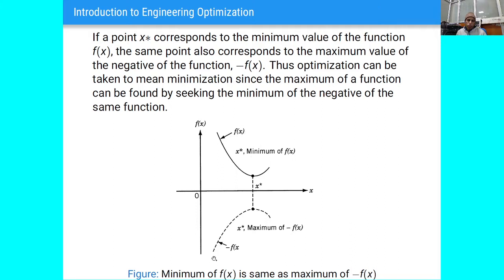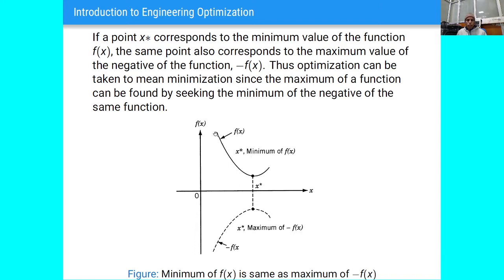If you multiply this function by minus 1, it becomes minus f(x), and obviously this will lie on the other side of the x-axis, on the negative side.